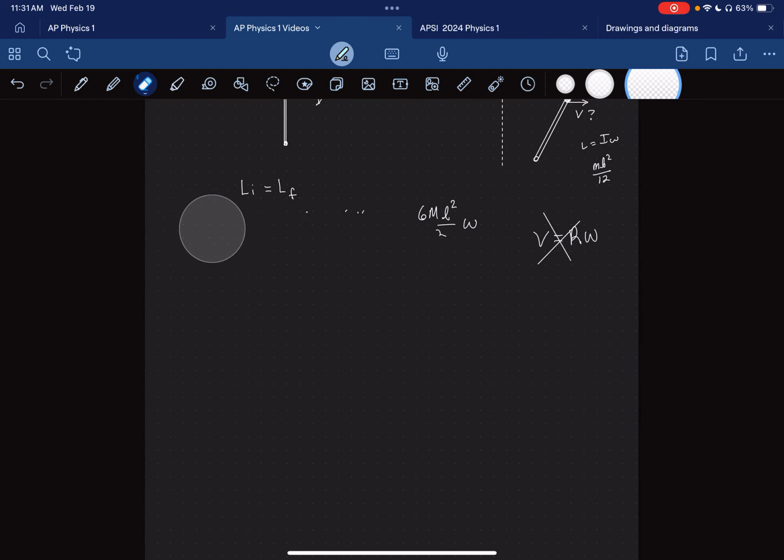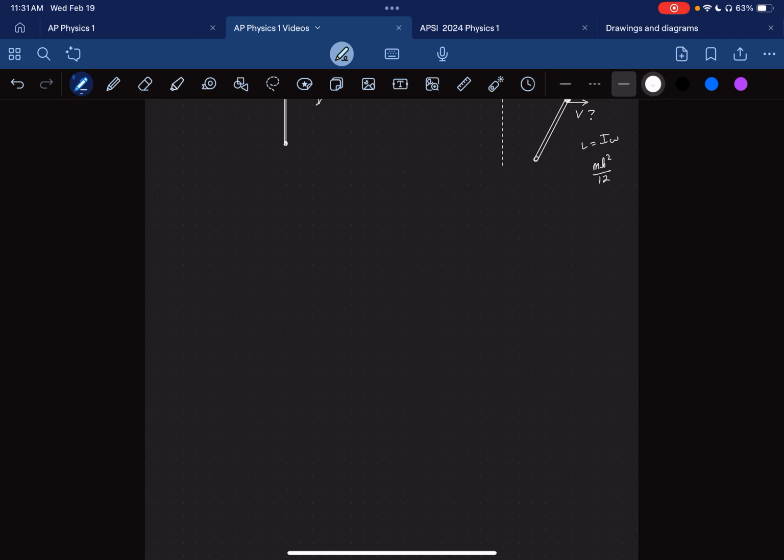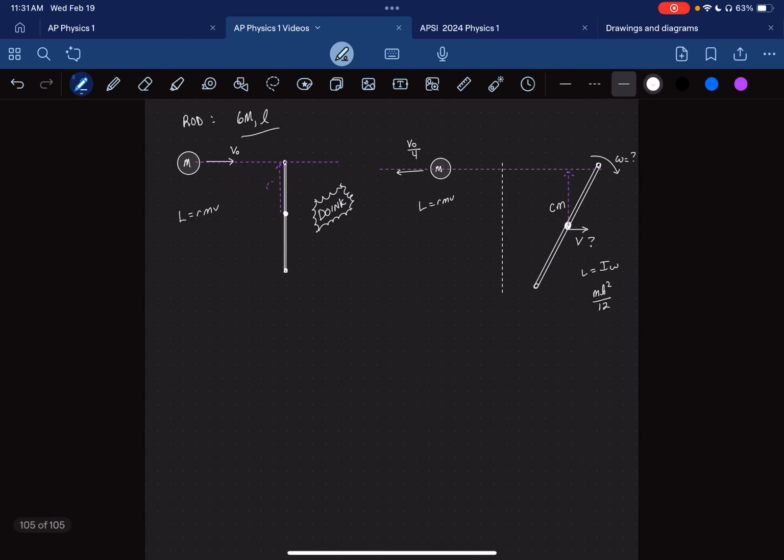You can go back and write it down. We're going to say m1 v1i plus m2 v2i equals m1 v1f. We've done this before. Let's call this the ball, and this will be the rod, just so you can see where I'm going with all this.